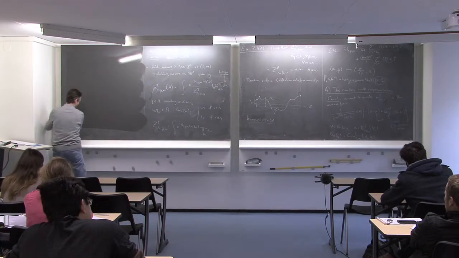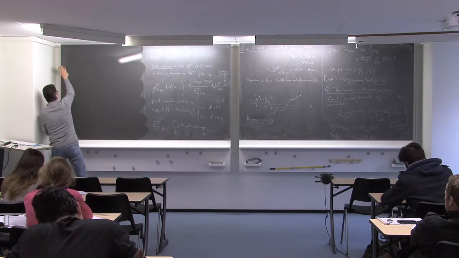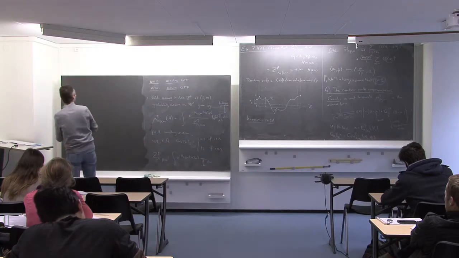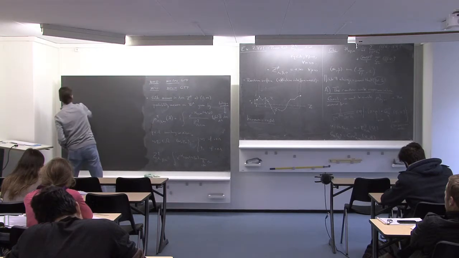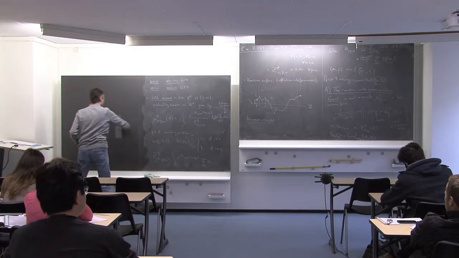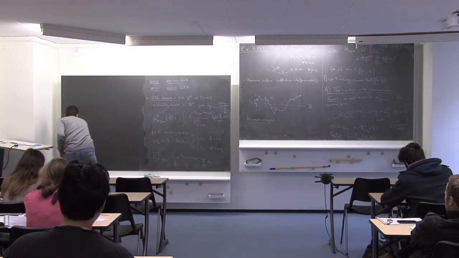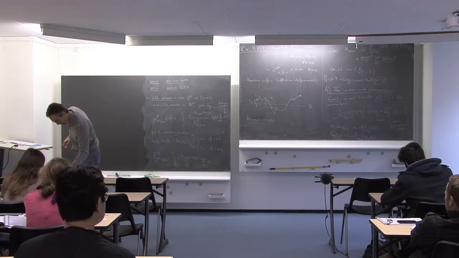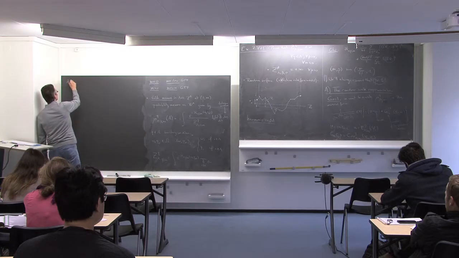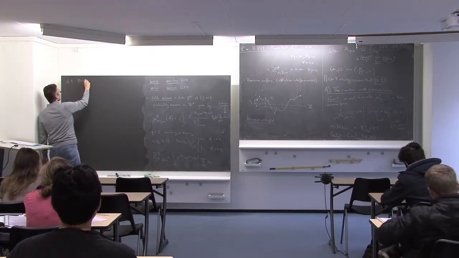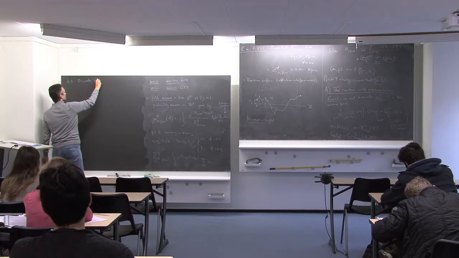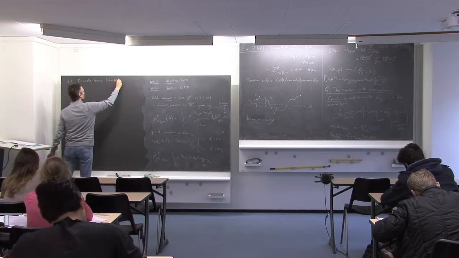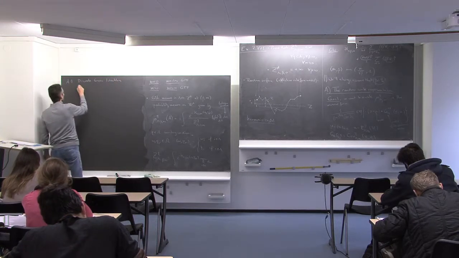So let me introduce the necessary formulas. So it's A1, discrete Green identities and harmonic function.